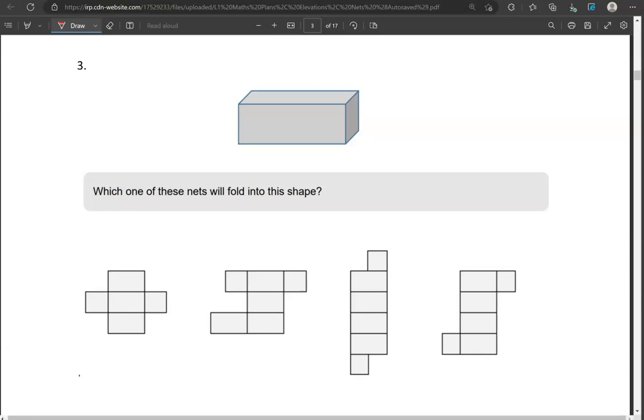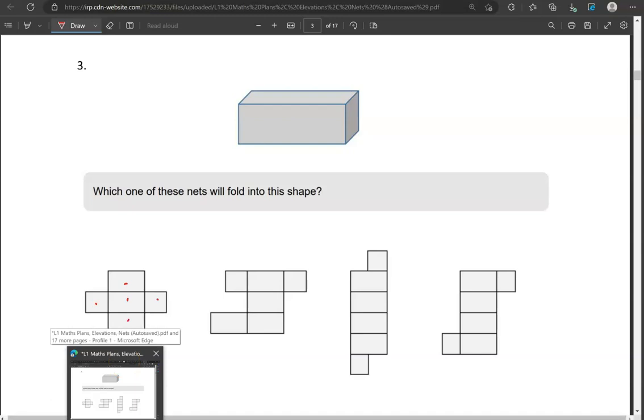Which one of these nets will fold into this shape? So which of these nets will make a cuboid? One thing to remember is that for both cubes and cuboids, we need 6 faces. So looking at the first option, it has 1, 2, 3, 4, 5. So that's not correct.